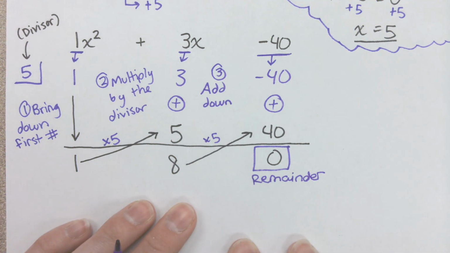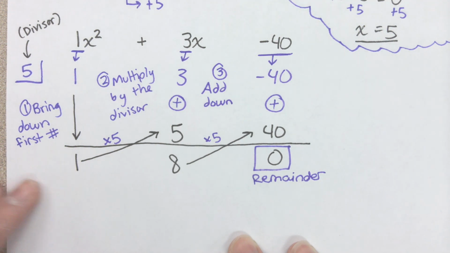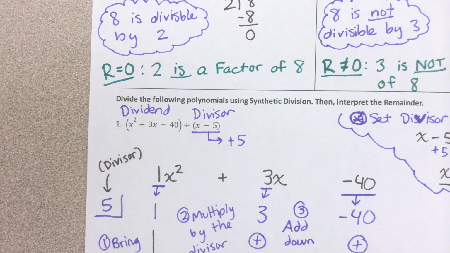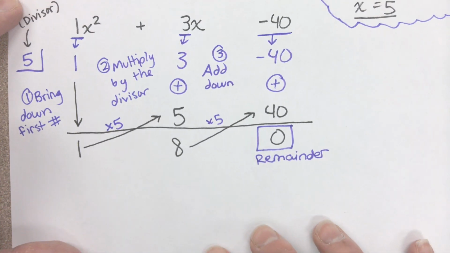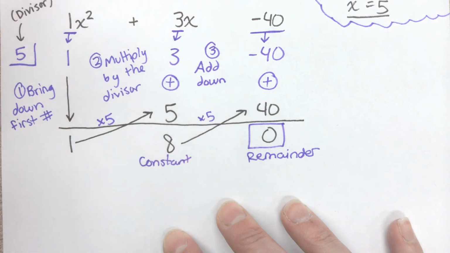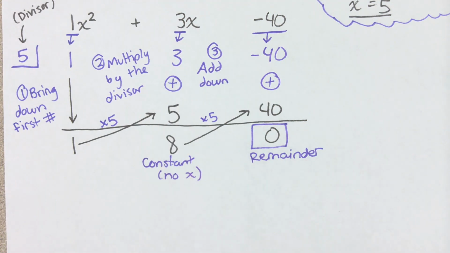From here, we're going to build up the polynomial. We're going to start with the smallest term in the polynomial and work our way up. So the smallest term in a polynomial is the constant. It doesn't have an x. So this 8 here is a constant, meaning it has no x on it. And in the next few problems, I'll just write no x underneath so that I know it doesn't get an x.